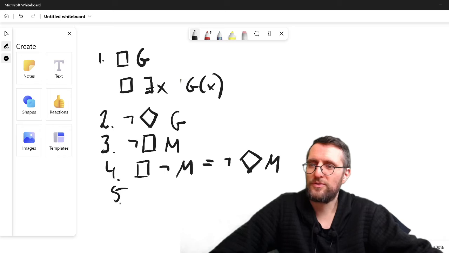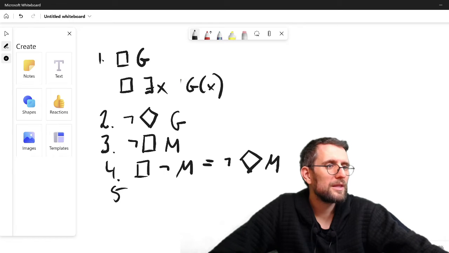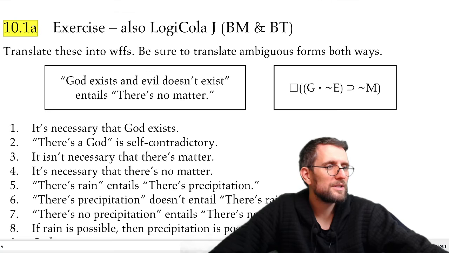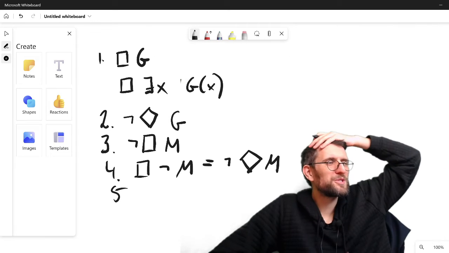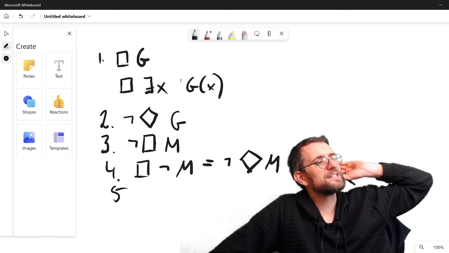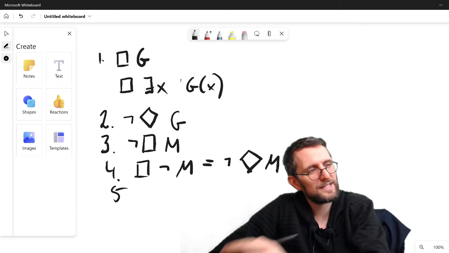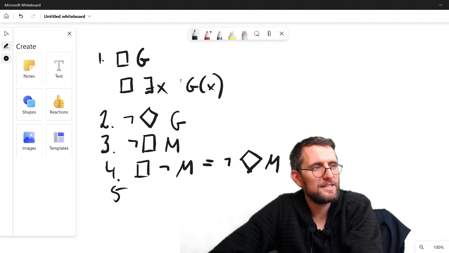Let's do the fifth one. What do they have here? There's rain entails there's precipitation. We had that before. What was entails? So that means it's inherent, right? So I guess I have to write it like this.